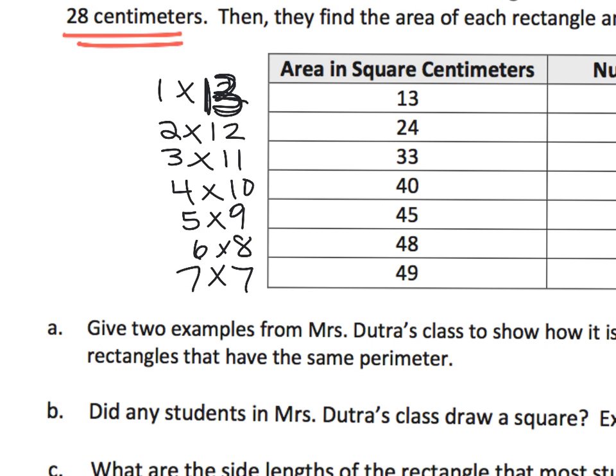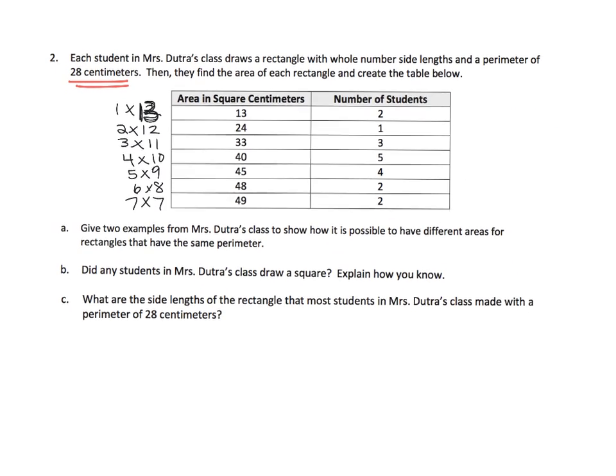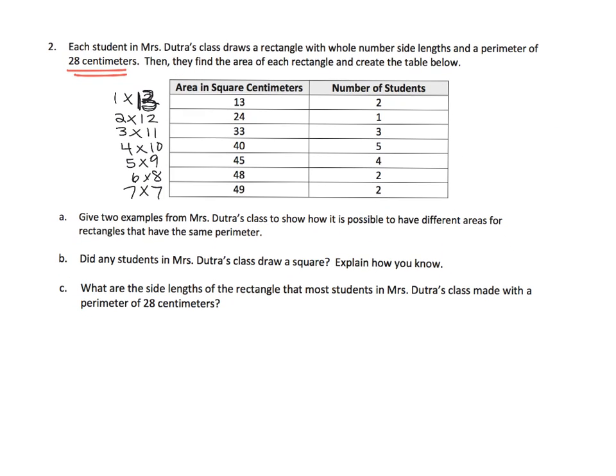Because what's really kind of cool is, remember, when your rectangle has a perimeter of 28, that means the length plus the width has to equal 14, because the other length and width also equals 14.